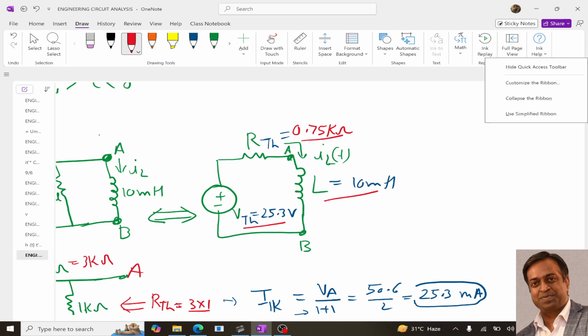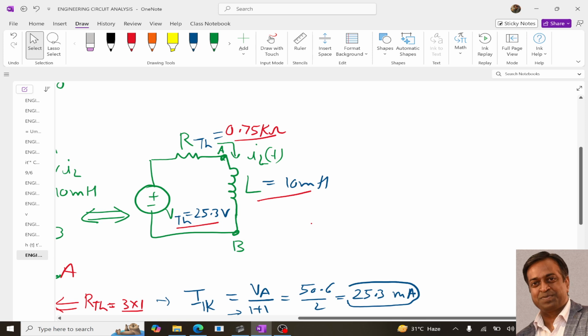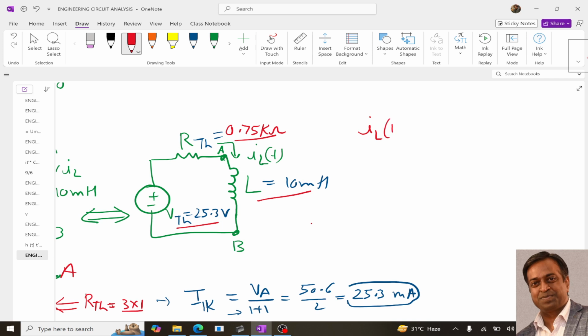And for this particular circuit, we can determine the current ILT using the concept of the complementary function and the particular integral of the differential equation. And the solution is like this: q by p plus A e to the power minus p t, right?